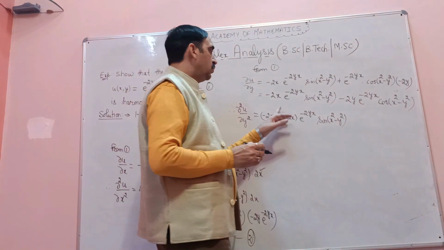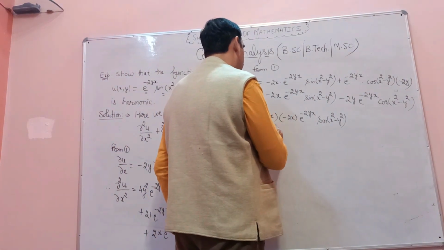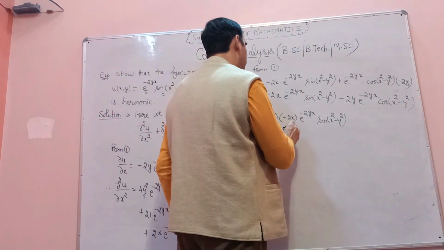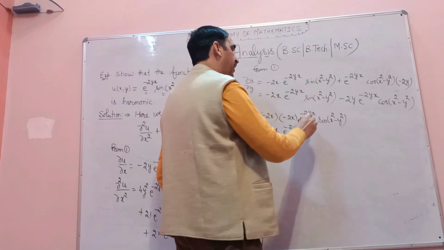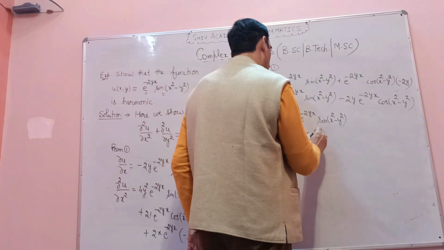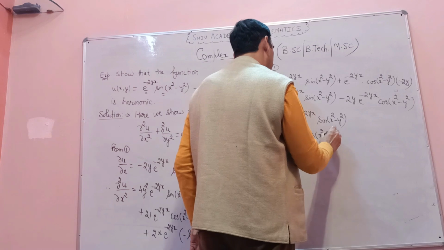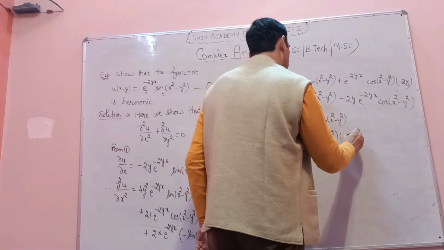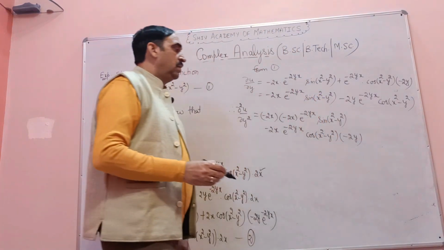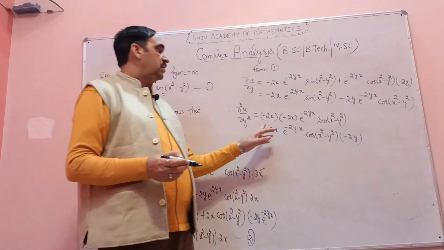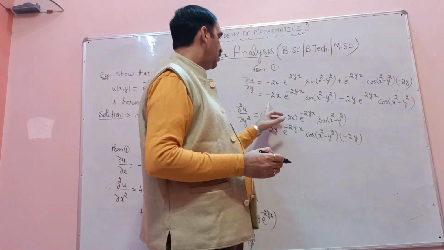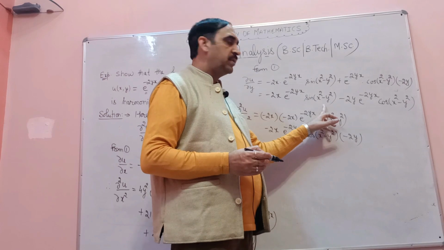After that you write minus 2x e to the power minus 2yx, and the derivative of this sine, again it is cos of x square minus y square into minus 2y. So these two terms are from the differentiation of this first term partially with respect to y.